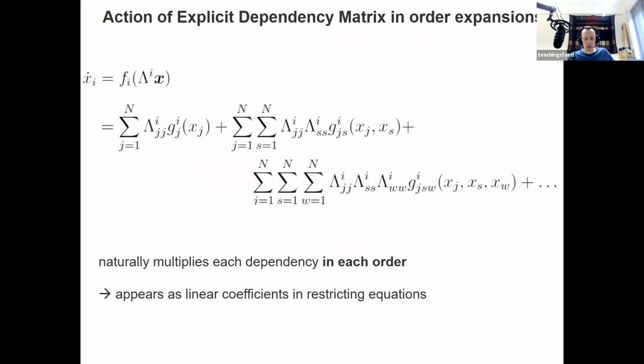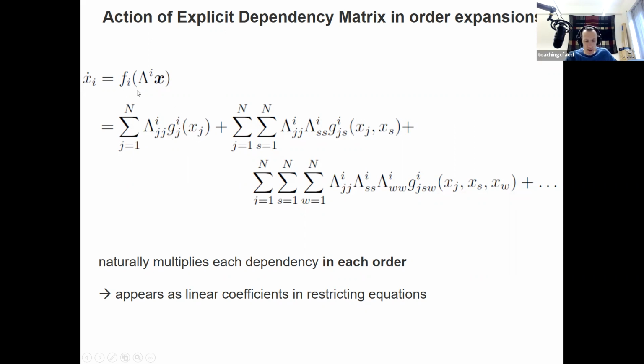Now, the action of the explicit dependency matrix, if you do different order expansions, we'll consider now. Order expansions, by which I mean the number of variables simultaneously appearing in a non-trivial way in some functions. So first order would be there's one. You could imagine there's a constant, but then the next thing is there's one variable appearing here, and there's a sum of these guys.